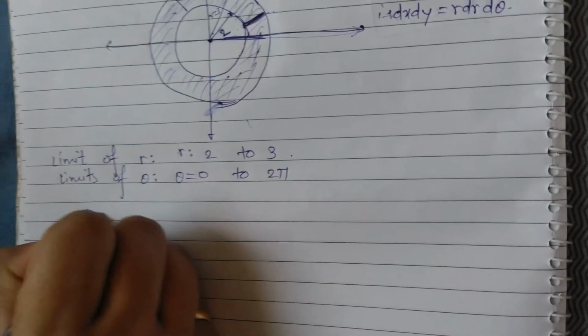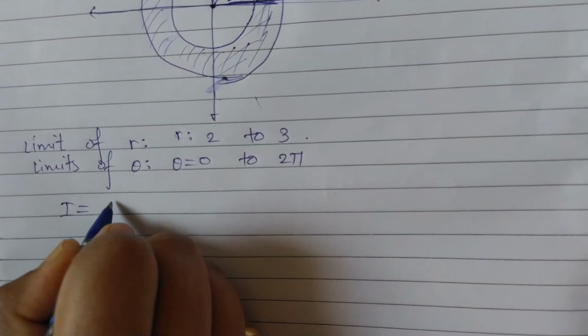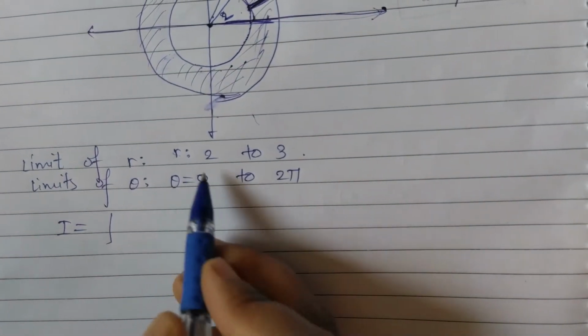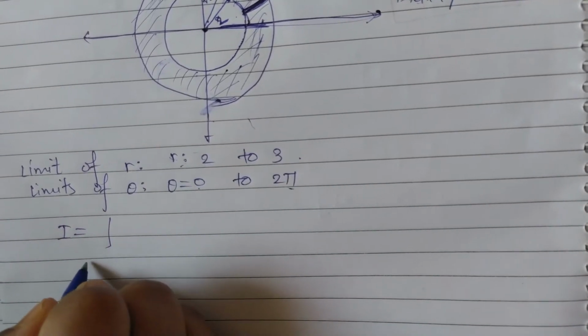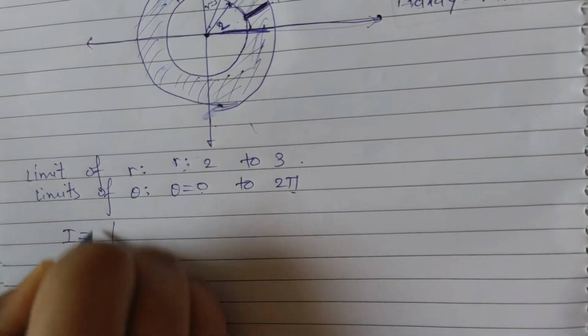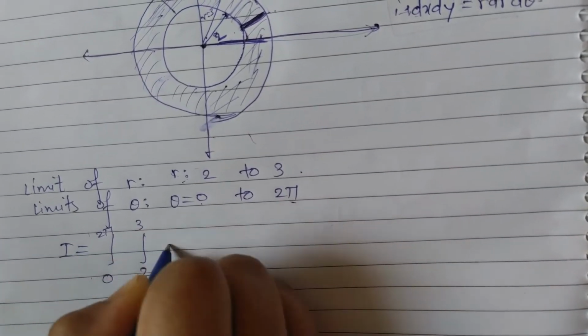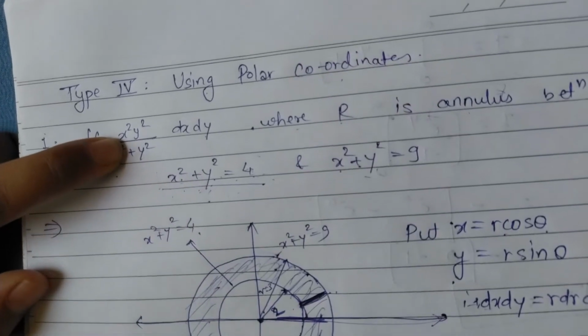This integration becomes I is equal to, yes, now you can integrate with any variable first because both the limits are constant. So theta equal to 0 to 2 pi and r is equal to 2 to 3. See here, x square y square.